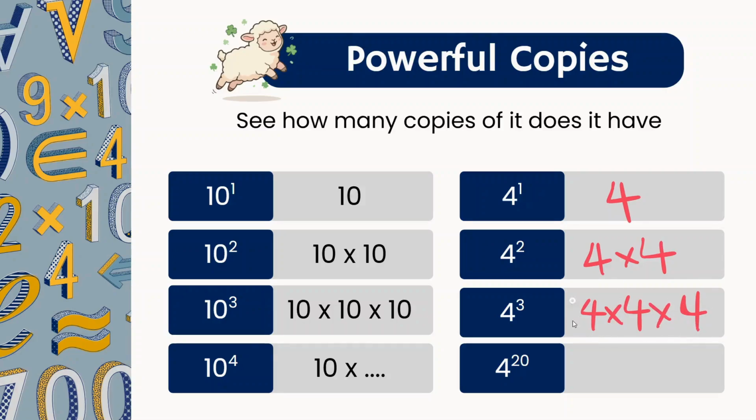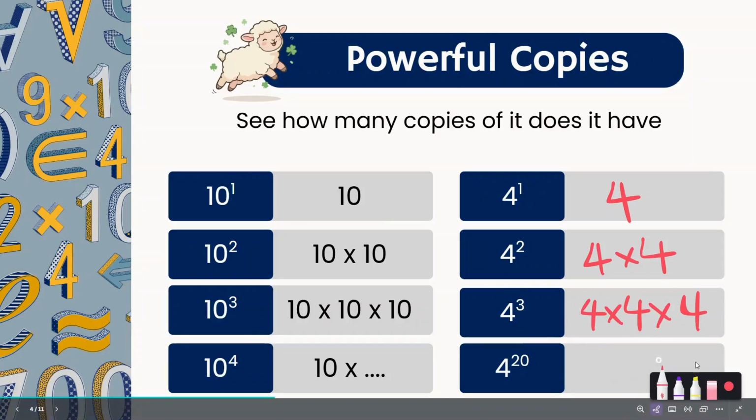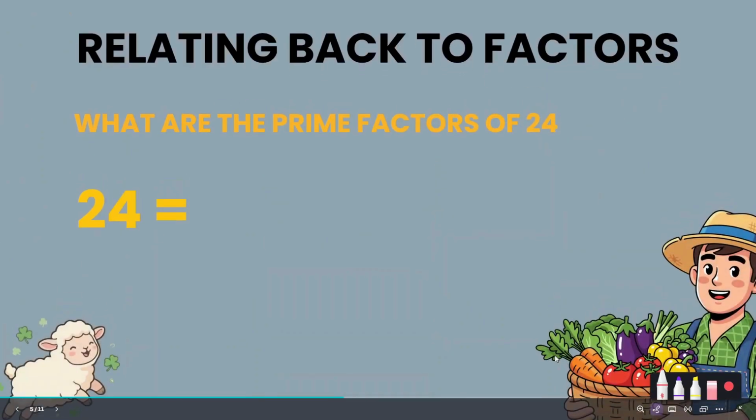So next time when we write something like this, we can shorten it. For this one I'm not going to write it out because I don't have enough space, but I think you get the meaning. It's 4 times 4 times 4, but it's 20 of these 4s. It's that simple.